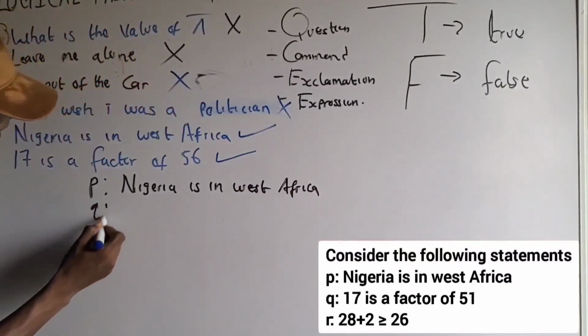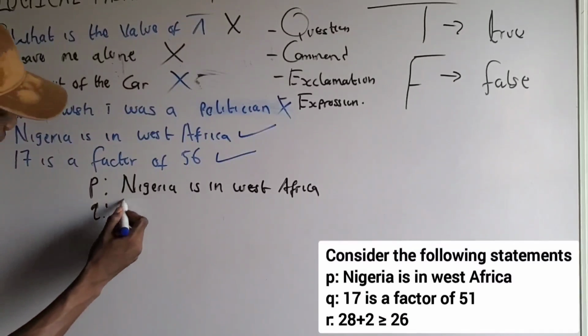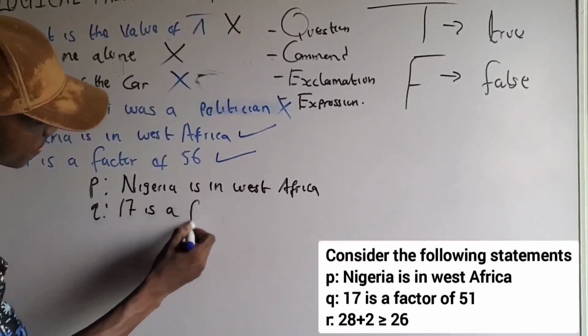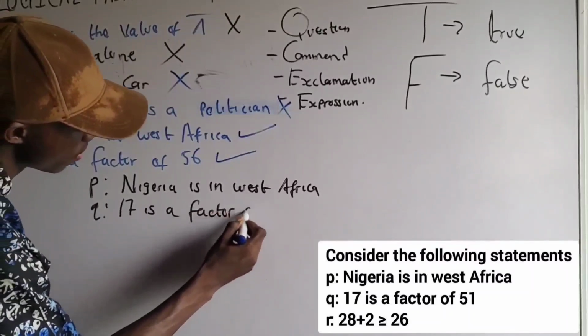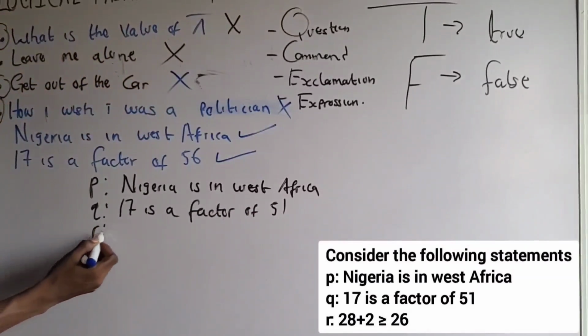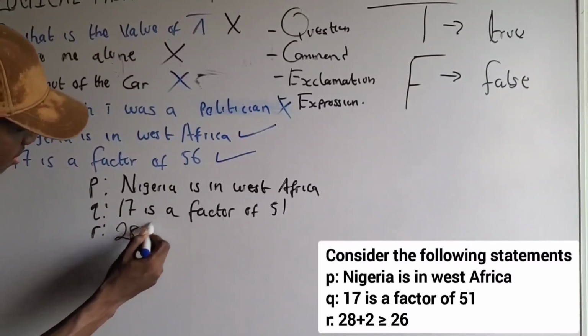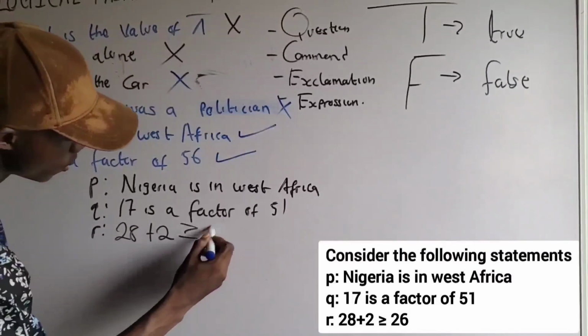And then Q represents 17 is a factor of 51. And we have R, which represents 28 plus 2 is greater than or equals to 26.